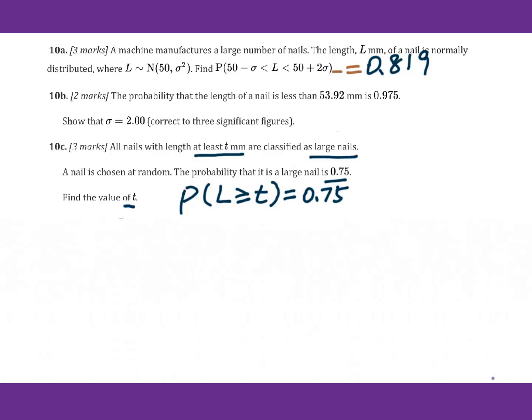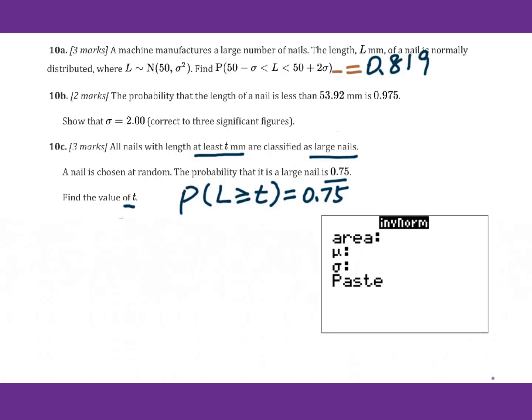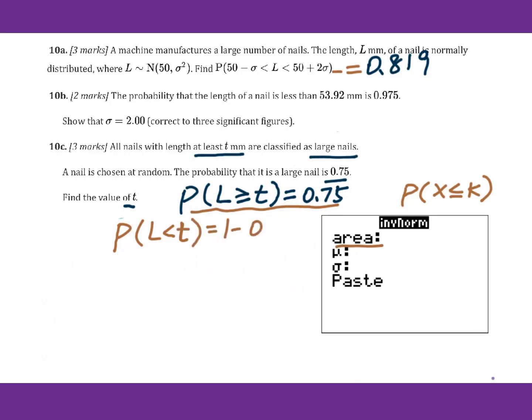We need to go to inverse norm. For the area, you need to put in the probability x less than or equal to k. Therefore, for this one, you have to turn it into the probability L less than t equals 1 minus 0.75, that is 0.25.